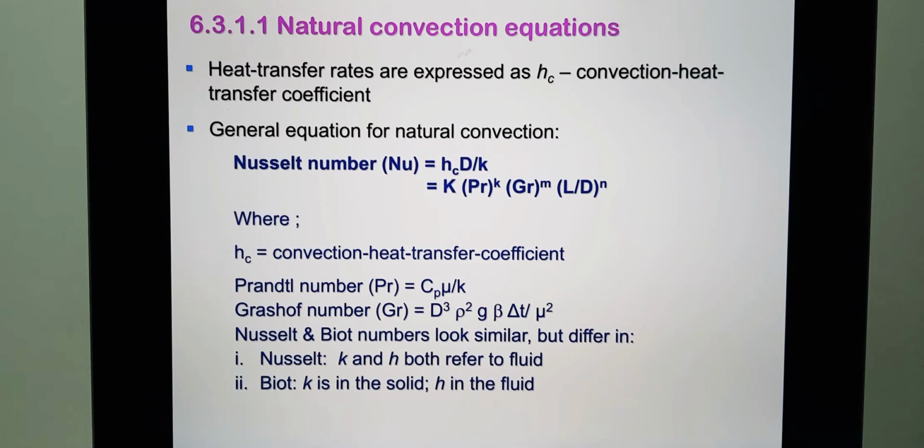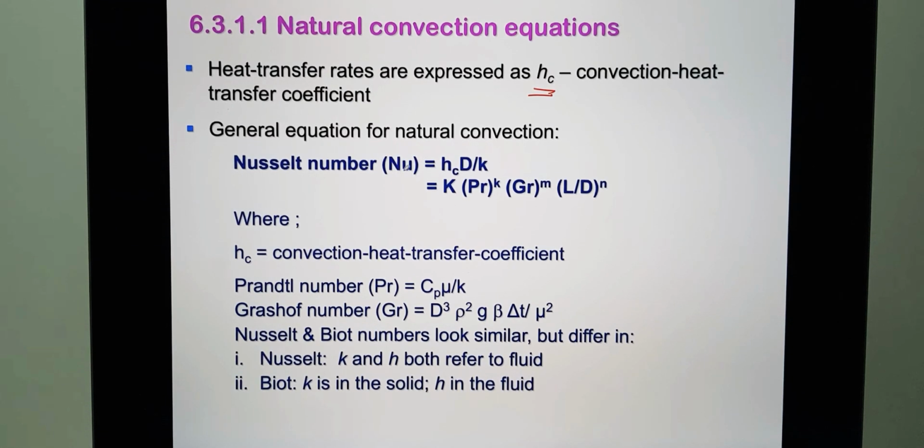For the natural convection equation, the heat transfer rate is expressed as Hc. Just now it was Hs and this time it is Hc, whereby Hc is the convection heat transfer coefficient. And for the general equation for natural convection, we are going to deal with the Nusselt number.